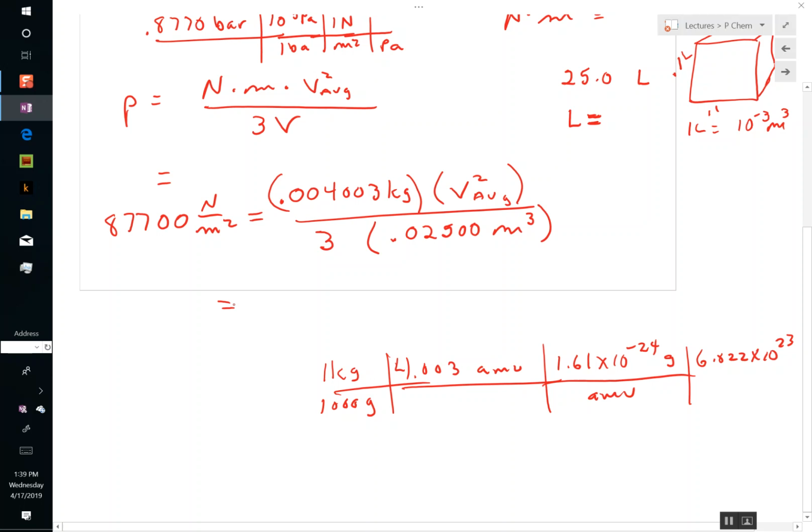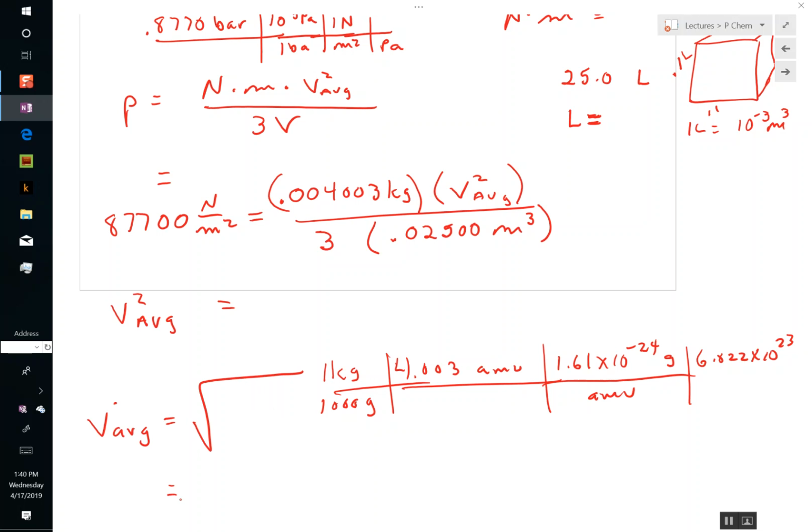Okay, so what do we get? So now we've got V squared average is a certain number, and so V average is going to be the square root of all that. Does somebody get that down to an answer? Someone get a number?